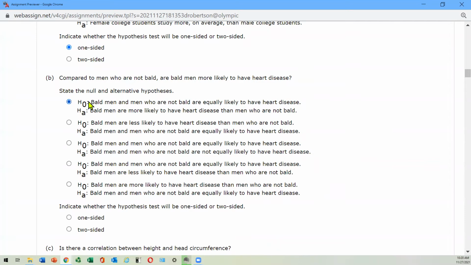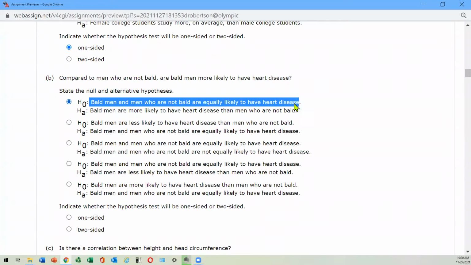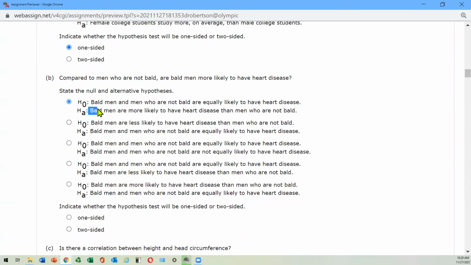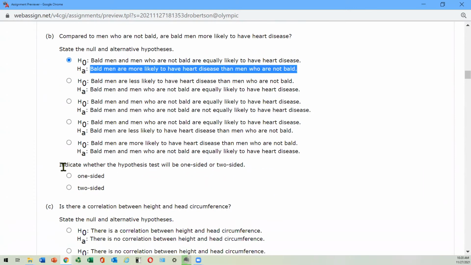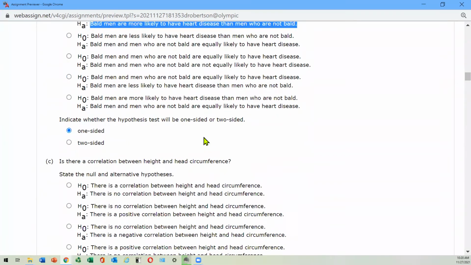So there it goes. The null hypothesis is that they're equally likely to have heart disease. The alternate, the statement up here, is stating that bald men are more likely to have heart disease than men who are not, and that is a one-sided test.